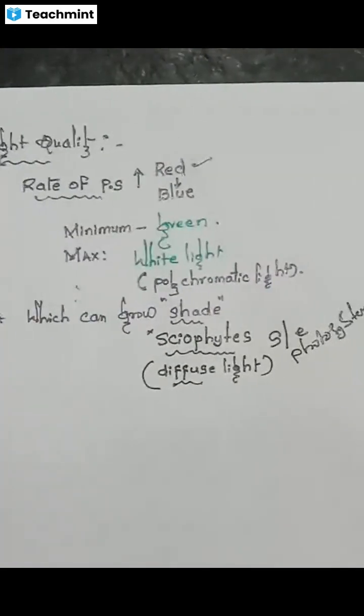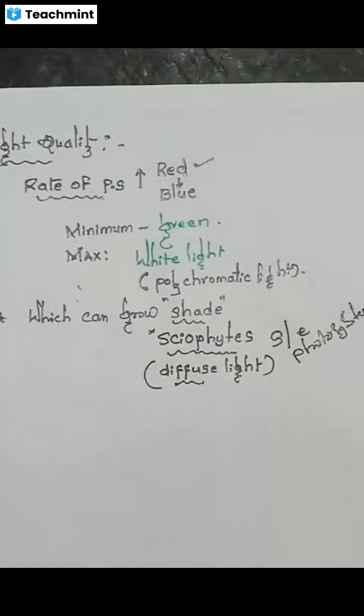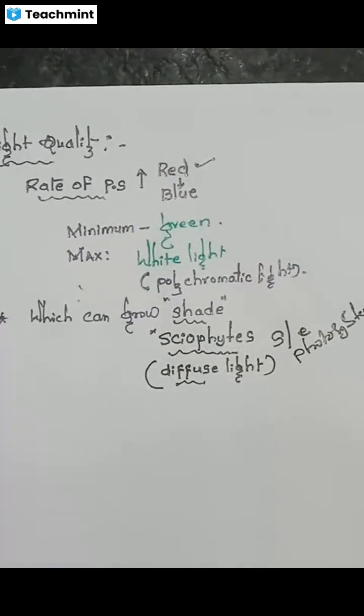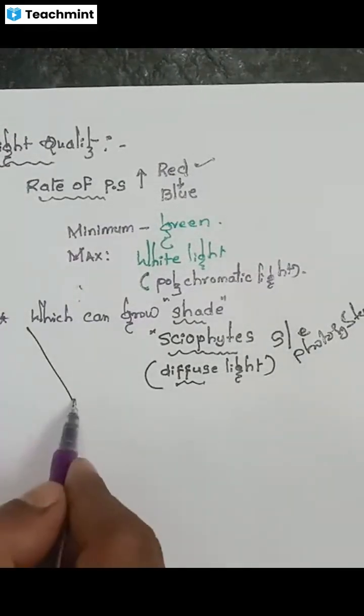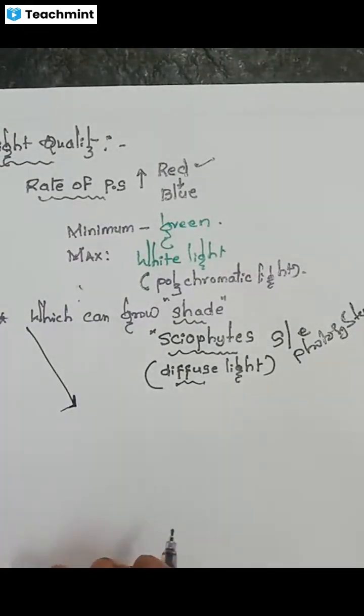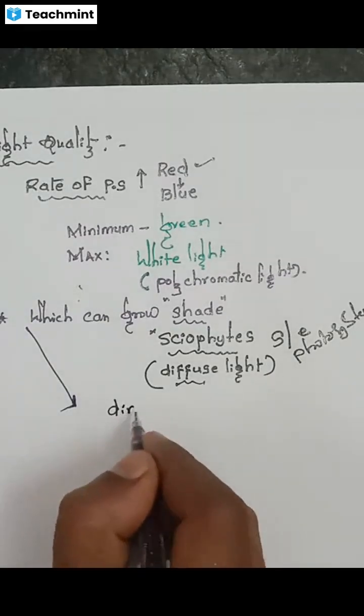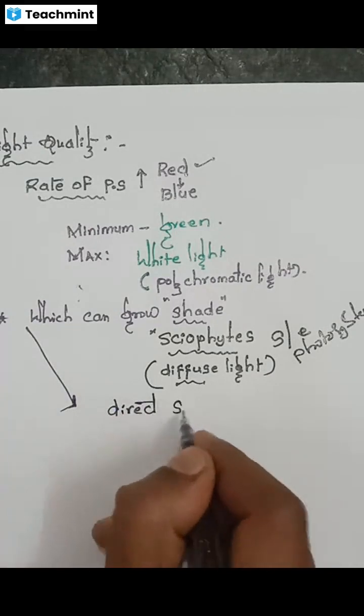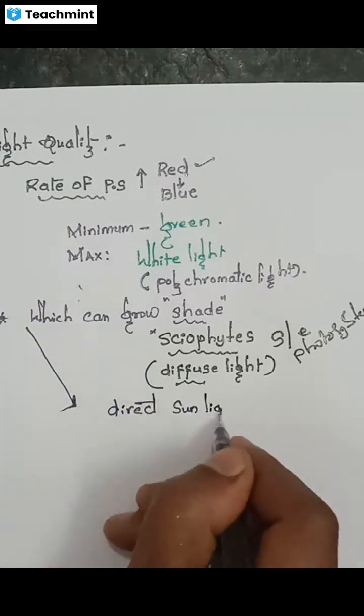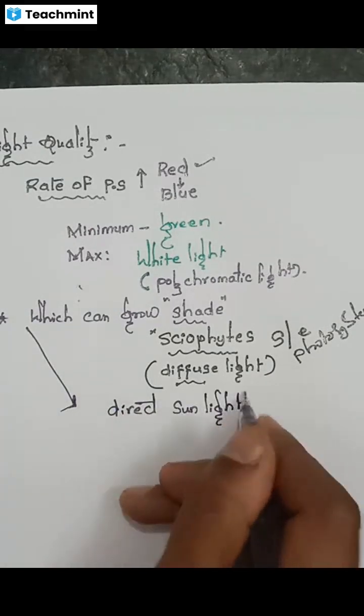The sciophytes have very sensitive and efficient photosystems to receive diffuse light, as well as the plants that can grow in direct sunlight.